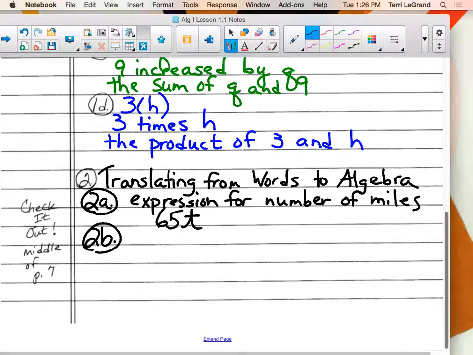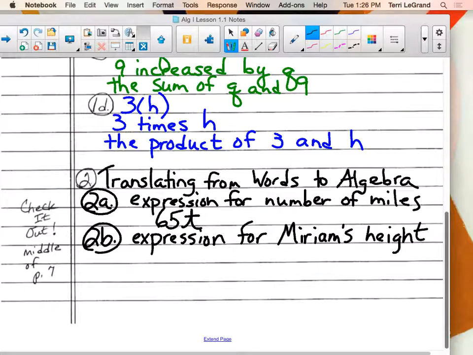Okay, 2B. In 2B, we have Miriam, who's 5 centimeters taller than her sister, and her sister happens to be M centimeters tall. Write an expression for Miriam's height. An expression does not have an equal sign.